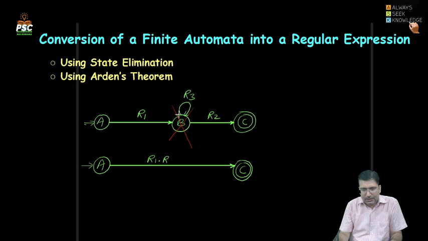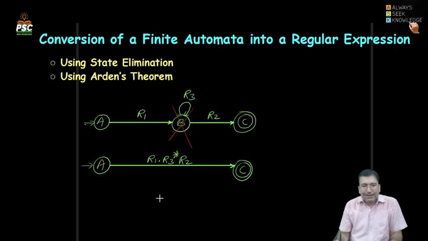After R1 there are two options: once we take R2 we cannot go back to this path. So when I'm traversing from A to B through R1, on B there is R3, and I can traverse it n number of times, so maybe 0 times or n times. That means I will consider the Kleene closure of R3, R3 star, followed by R2. So this is very easy to understand, not a problem, right?